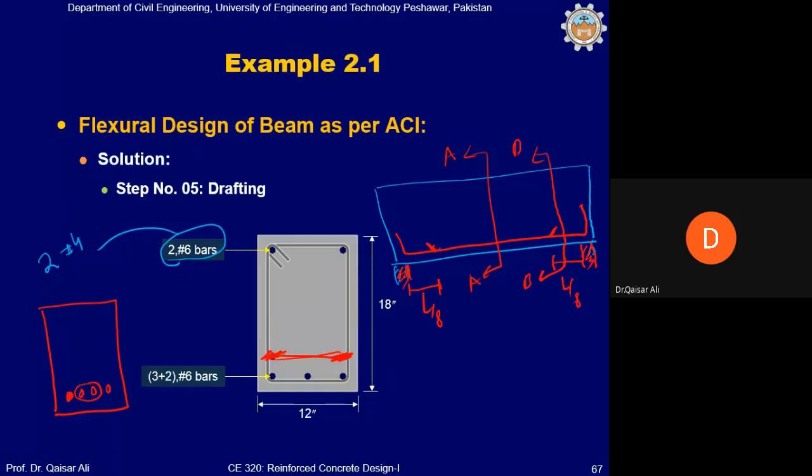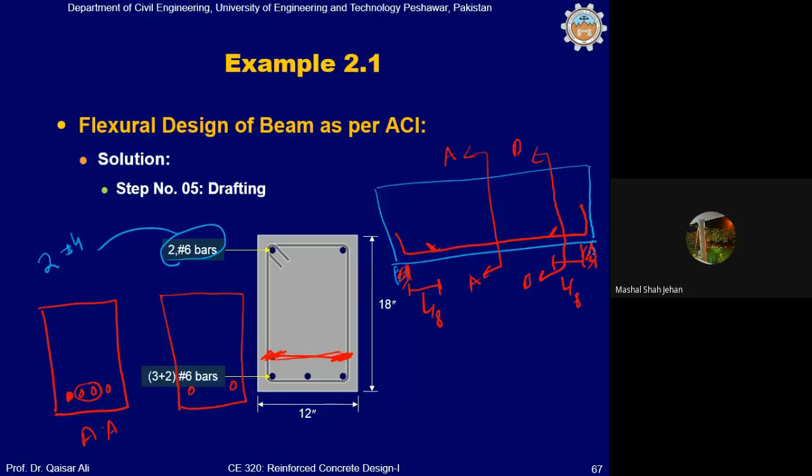Clear? In this case, this is section AA, and if you draw section BB, there will be only 2 bars in section BB. Now is this clear to you?